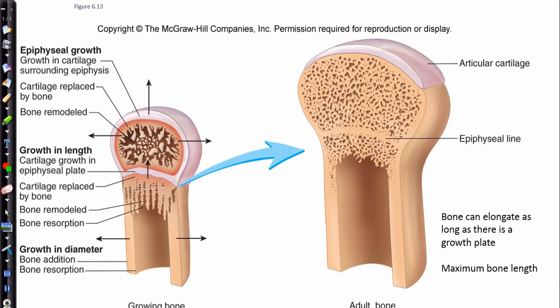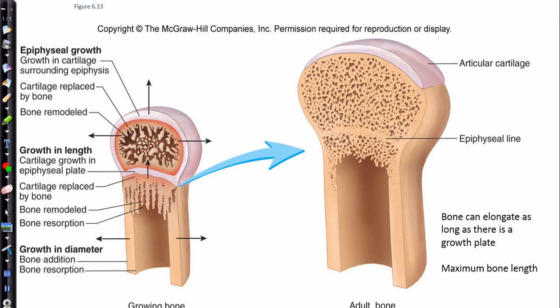So as long as there is cartilage there, a growth plate, there can be elongation. When we get to this point where all we're seeing is bony calcified region, now the bone cannot get any longer. Someone who is 35 years old is not going to get taller because they're not going to have any more mitosis in that region.